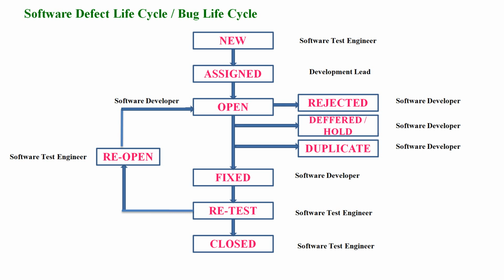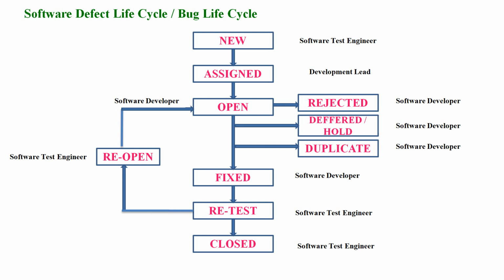Say for example, there is one software developer. He has written coding for that particular functionality. The software test engineer has executed that functionality and found the defect in it. Now, who is responsible for that defect? The concerned software developer.